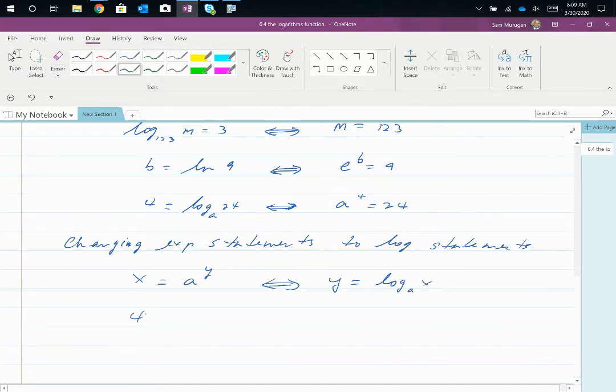For example, 4 is equal to a to the power 5 if and only if log base a of 4 is equal to 5.